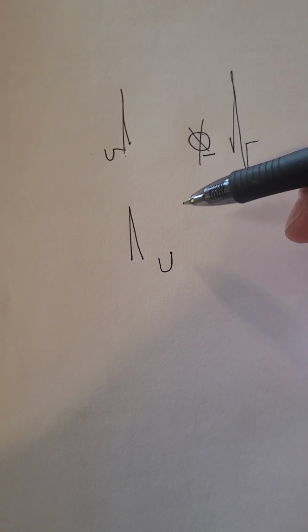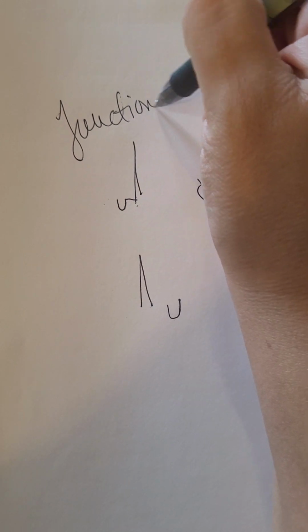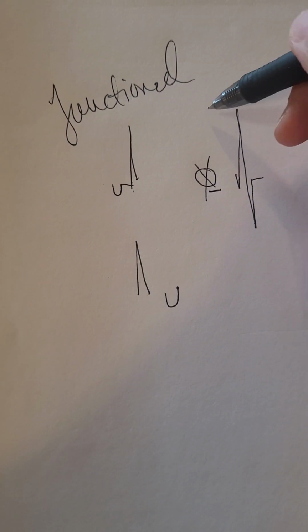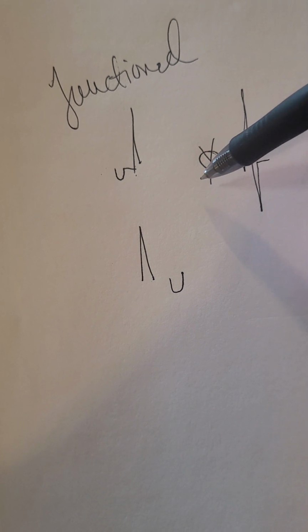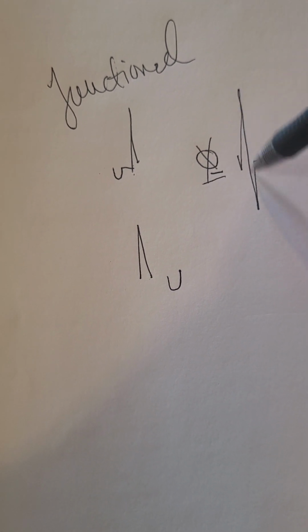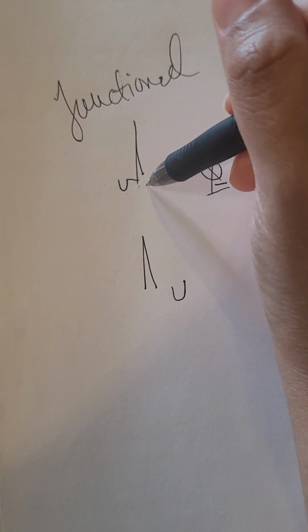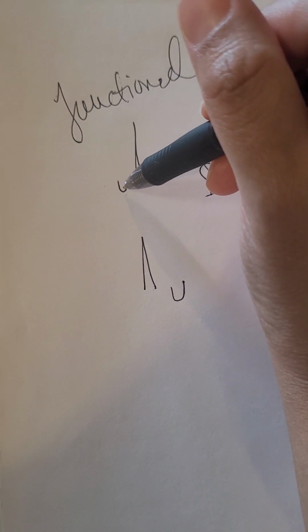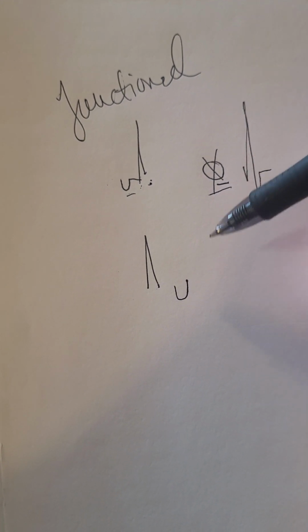Anyways, those will be junctional rhythms. These are going to be junctional when the P wave starts acting up: no P wave and the QRS is narrow, or before the QRS but inverted and too close, or after. That's when you're going to have a junctional.